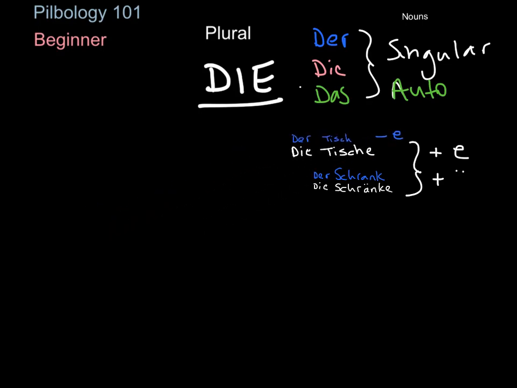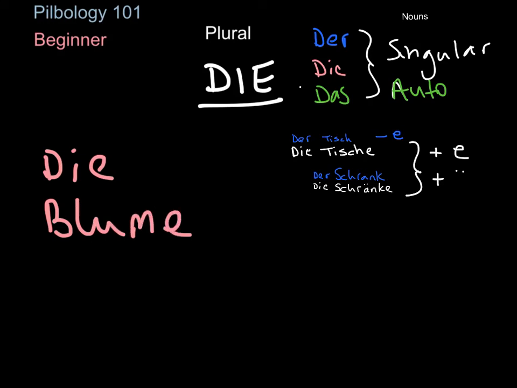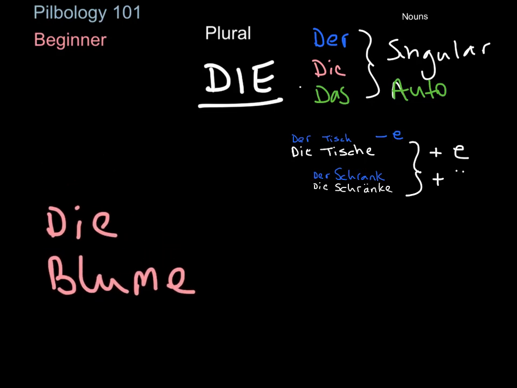And let's look at the feminine. So, die. An example of this would be, let's take flowers, or the flower, die Blume. Die Blume. And quite simply, for feminine nouns, the most usual ending is either an N or an EN.